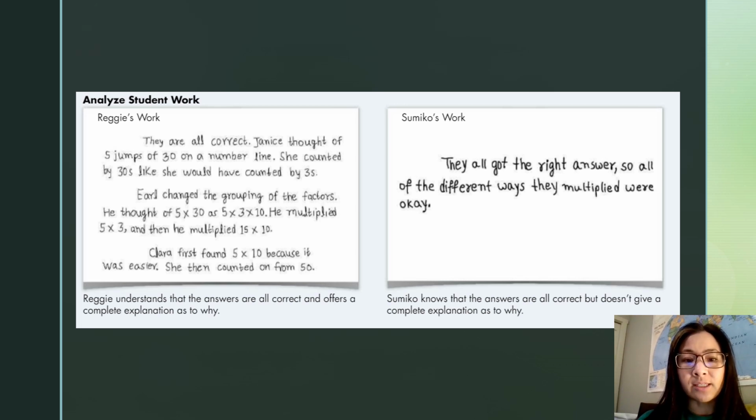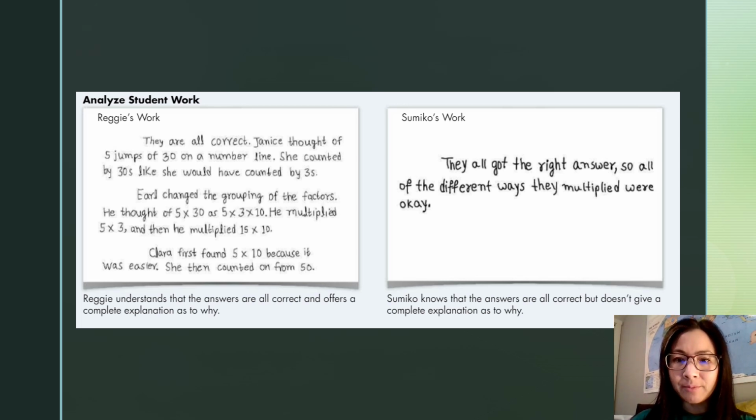He thought of 5 times 30 as 5 times 3 times 10. He multiplied 5 times 3, and then he multiplied 15 times 10. Clara first found 5 times 10 because it was easier. She then counted on from 50. Awesome. So that's a very complete answer. Reggie states correctly that all 3 students solved it the correct way and offered a complete explanation as to why.